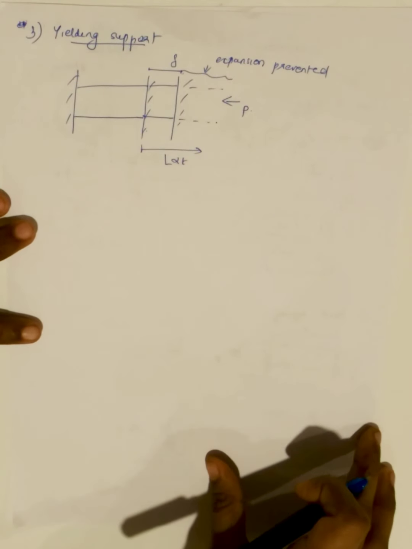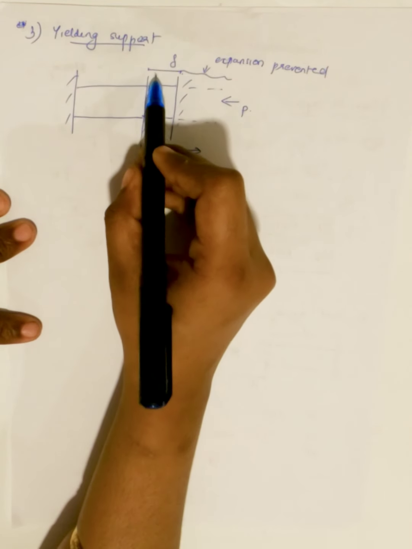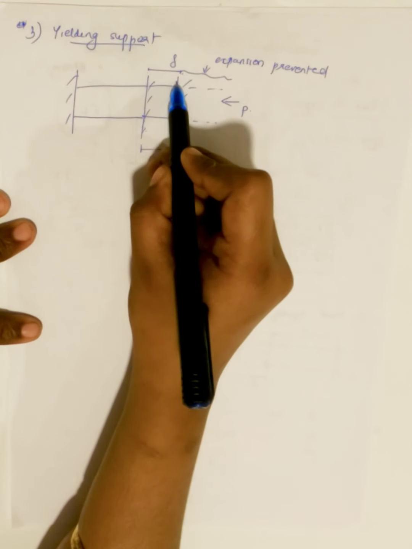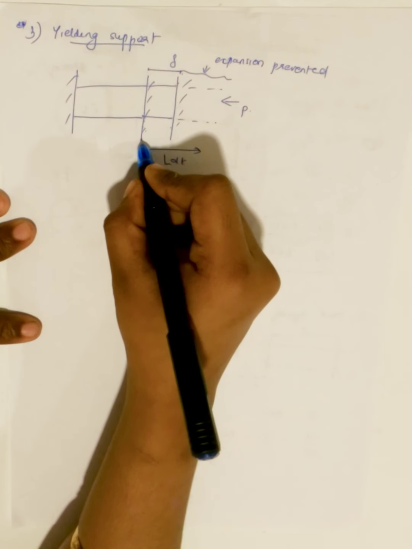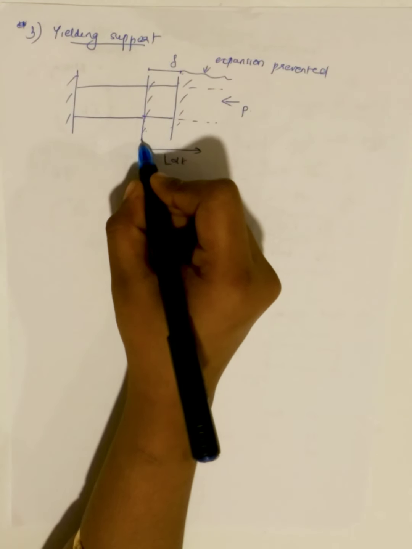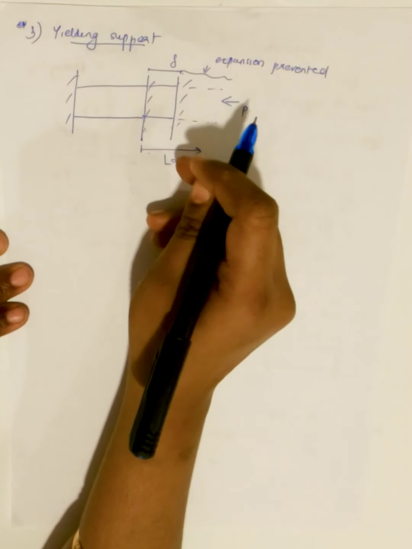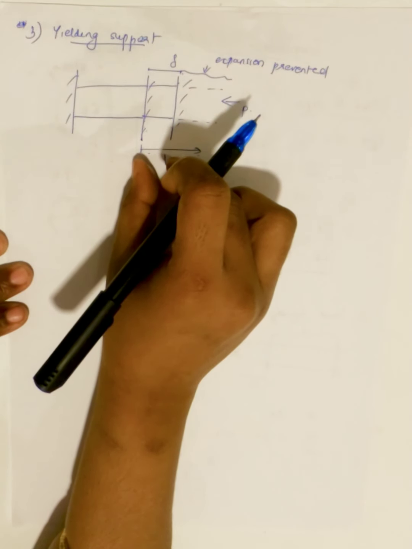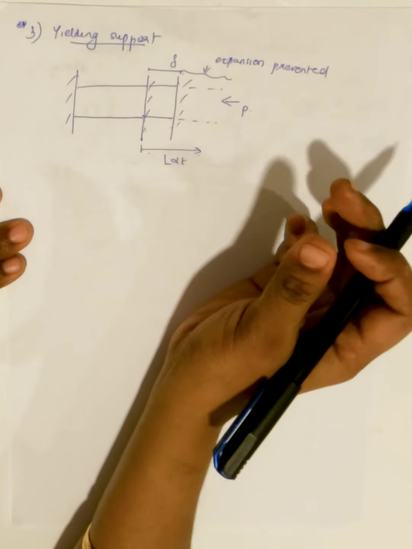Now suppose the support is yielding. See the support here, it yields by delta. From here we start: because of the temperature increase there is an expansion, that is L alpha T. If L alpha T is within this delta, the yielding of the support, then there won't be any stress developed because it is already yielding.